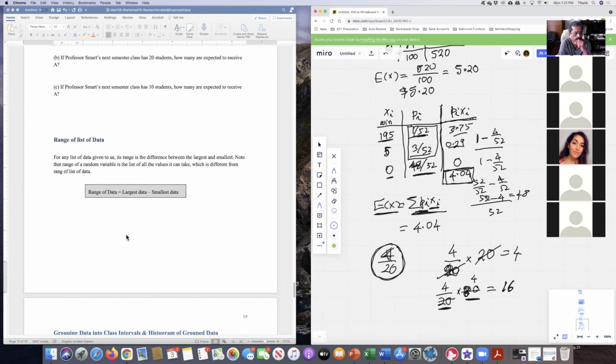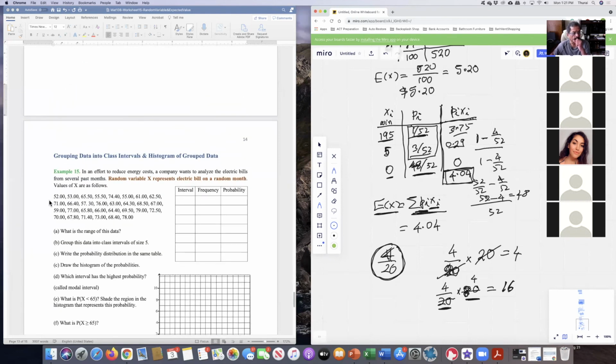One of the things you need to understand is the range of data. The range means how far the data goes. If the data goes between 20 and 90, then we say 90 minus 20 is the range. So you subtract the smallest data from the largest, and the difference between them is called the range of data.